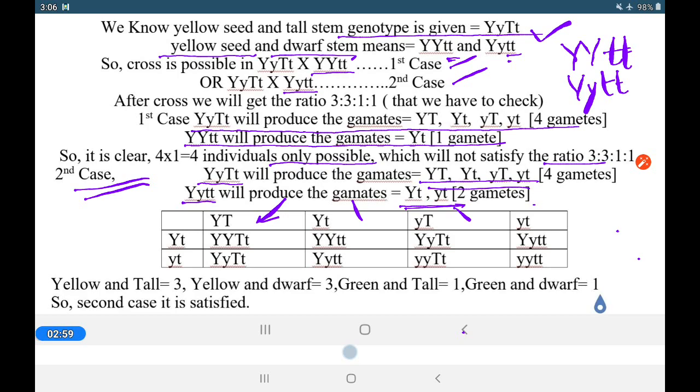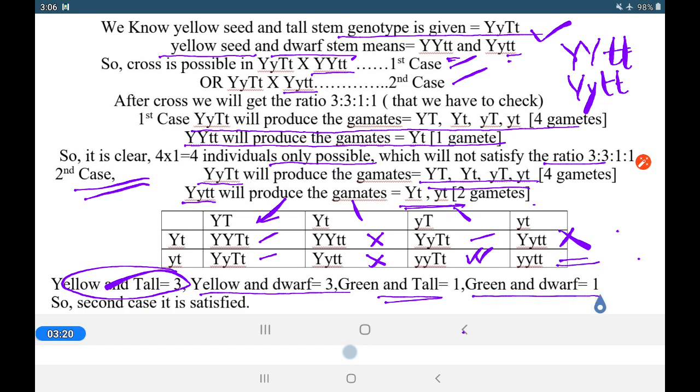Out of those 8 individuals, yellow and tall are 3, yellow and dwarf here, green and tall here, and green and dwarf this one.